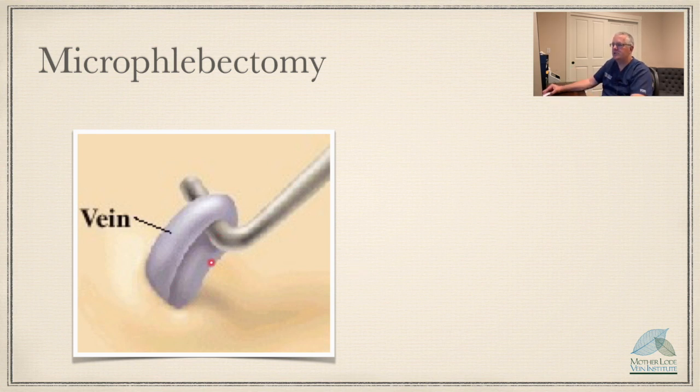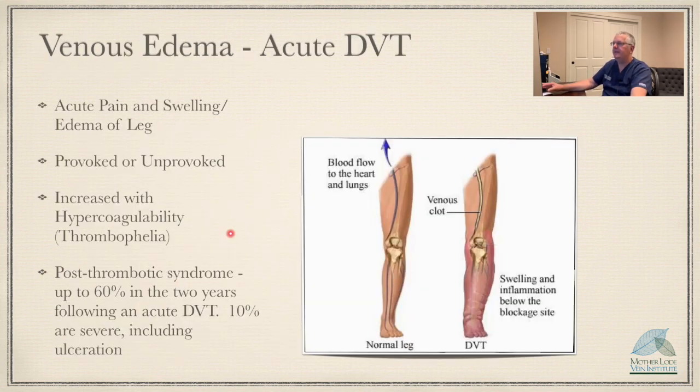We make a little tiny incision, usually only about 2 millimeters, pretty small, and then we hook and remove the veins, and that works quite well. And it's not uncommon for patients to need both an ablation as well as a microphlebectomy procedure, and we'll do that frequently.